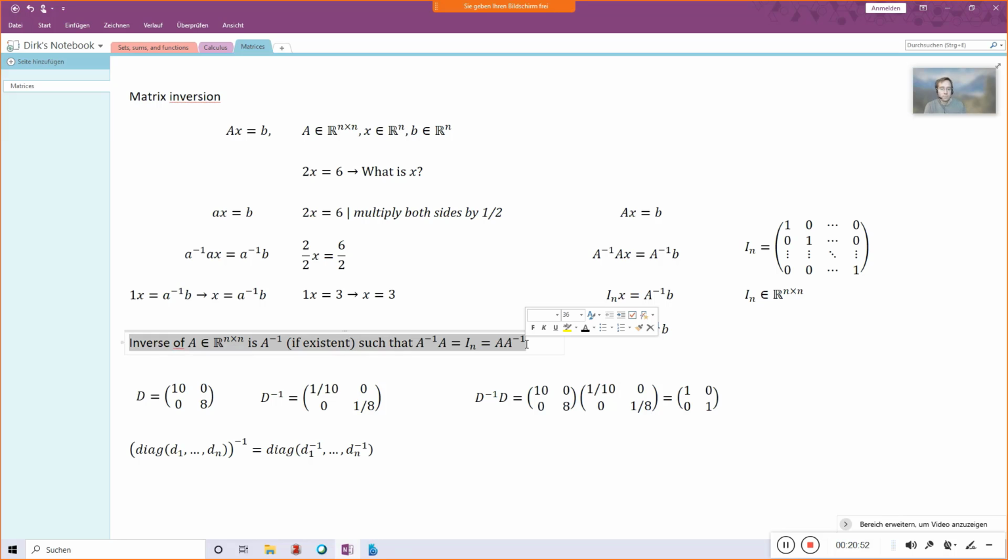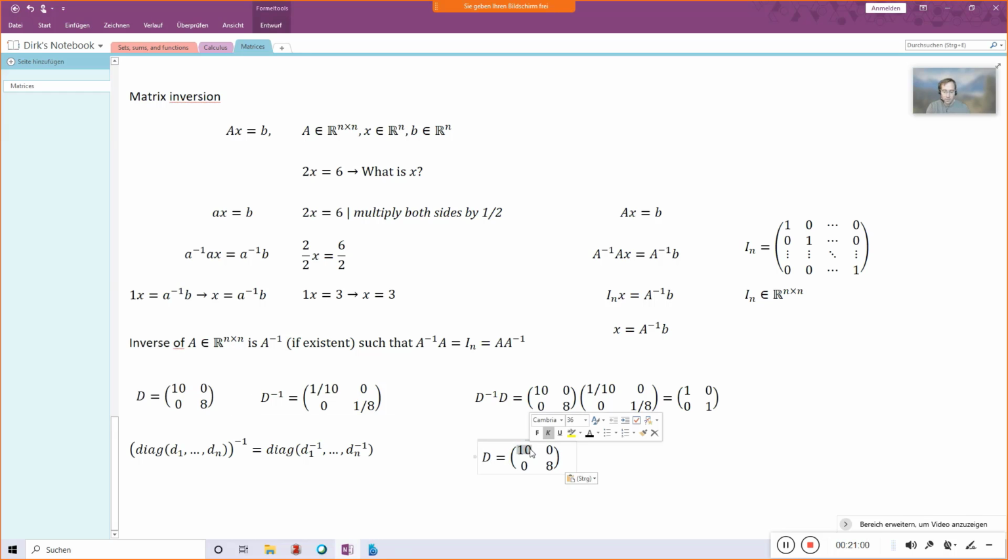So for example, if you think of a 2x2 matrix, let's briefly have a look at a non-invertible matrix. If you have this matrix, then any n by n matrix that you multiply by it will never give the identity matrix. So this matrix is clearly not invertible.